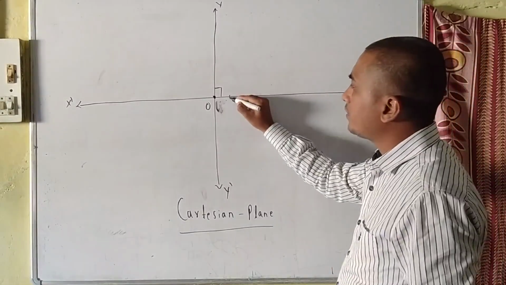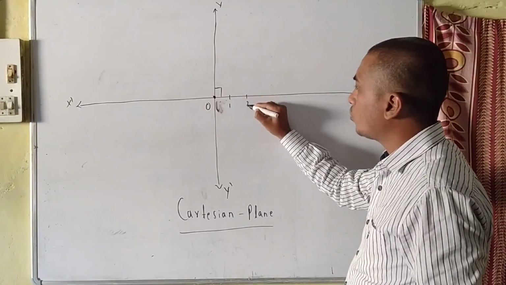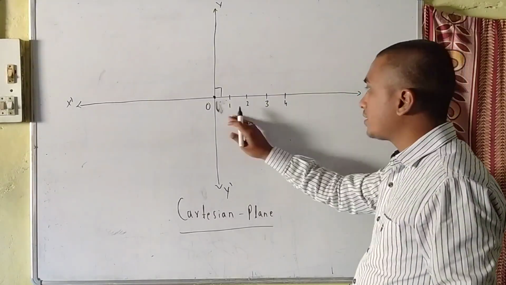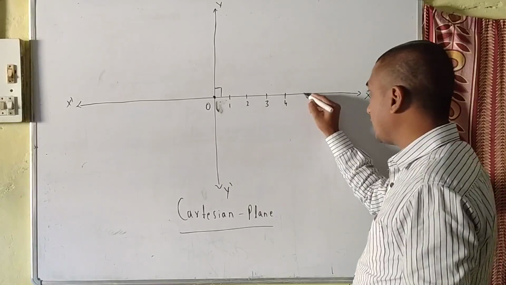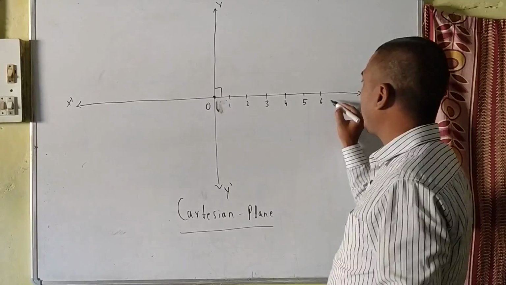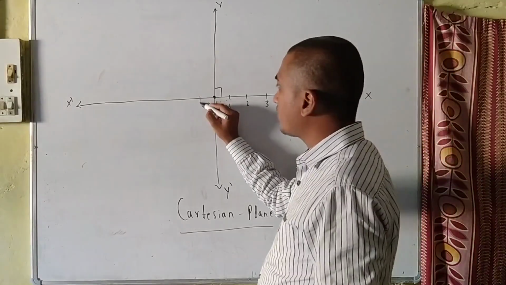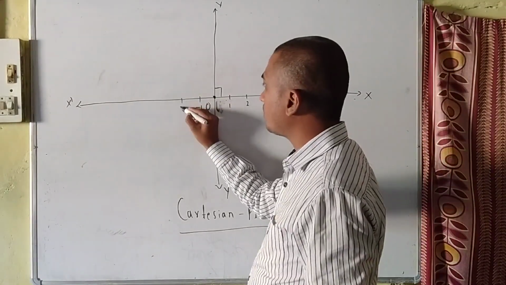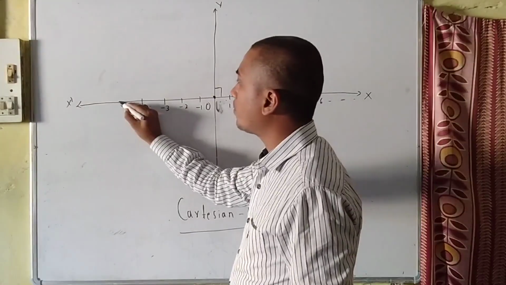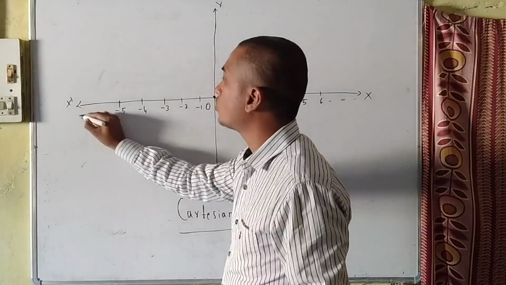Now this is 1, this is 2, this is the positive side of the x-axis. 3, 4, the distance between these points is equal, it is equidistant, and it goes on. This is the negative side of the x-axis: -1, -2, -3, -4, -5, and so on.